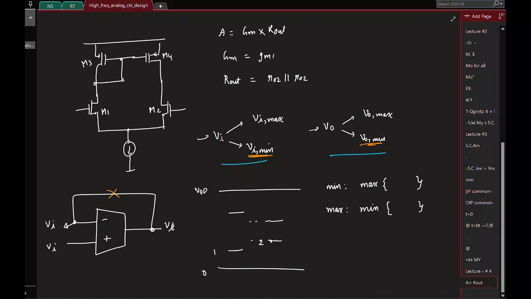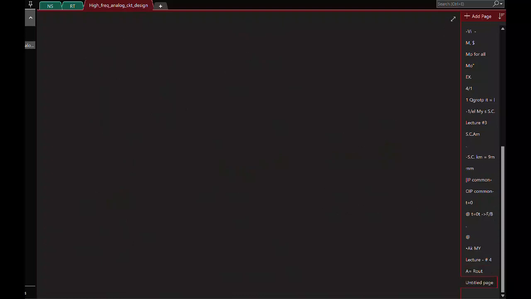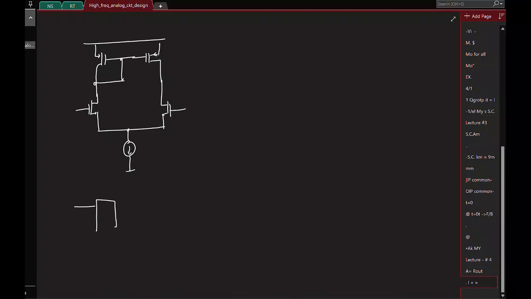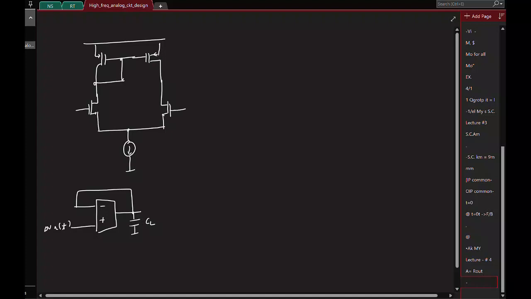Great. So in the last class, we also looked at the idea of slew rate. The issue was when we have it in a feedback like this, and say we drive a capacitive load CL, and I apply an input step delta V times U of t.